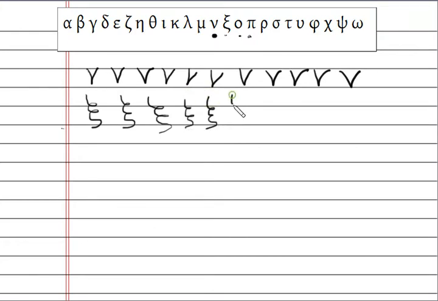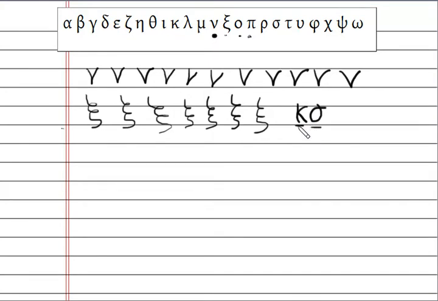I want you to remember that every time you see the letter ksi, that's a double consonant. You could actually write a similar sound by going like this. Now this is the sigma, which we haven't learned yet, but that's the kappa sigma.